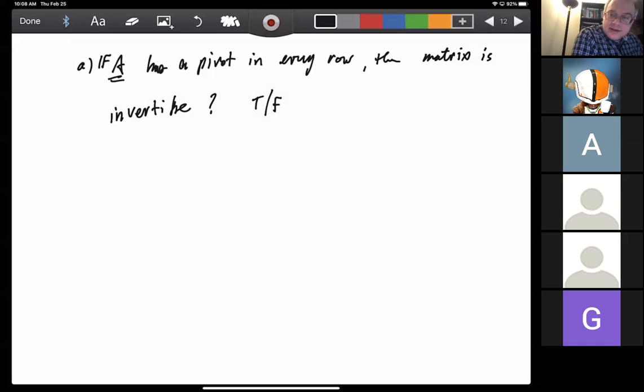No. False. Okay, so in fact, the answer is false. Just because you have a pivot in every row, that doesn't even mean that the matrix A is square. So certainly that's false. Right, so for example, here's an example of a matrix that has a pivot in every row. It's not even a square matrix, so certainly it's not invertible.